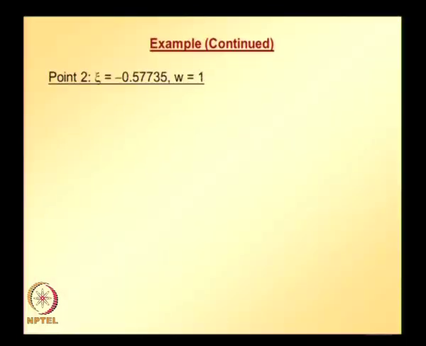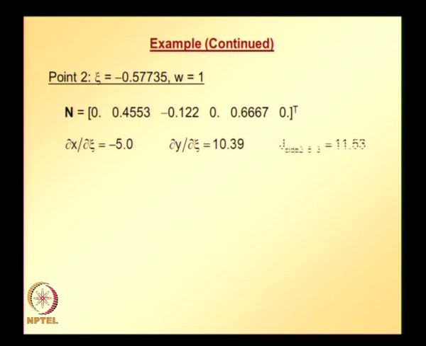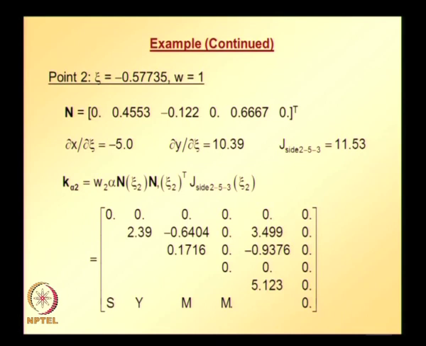Second integration point, coordinate and weight, shape function vector, and once we get all the other information, we can easily evaluate the contribution of the second integration point to the K alpha matrix.